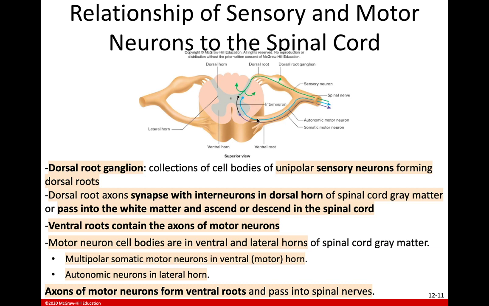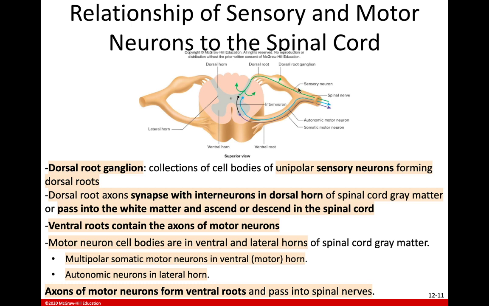Again, the ventral roots contain the axons of motor neurons. Again, we have the somatic motor neurons. Again, remember, somatic control our skeletal muscles are going to be in the ventral horn here, and that's going to be this purple line. And then in the lateral horn, we have the autonomic motor neurons.